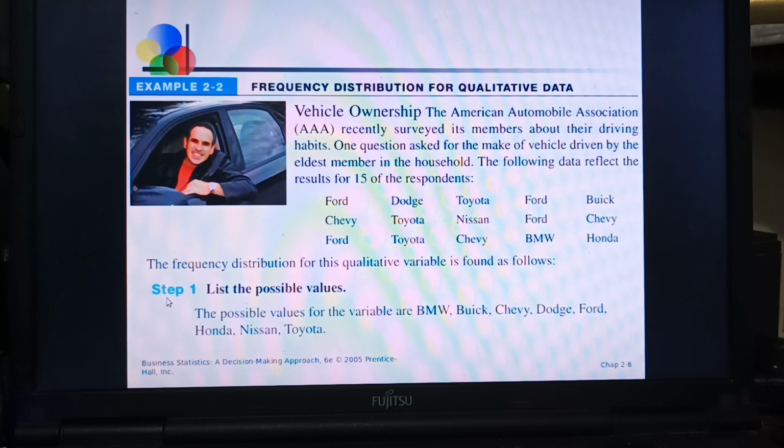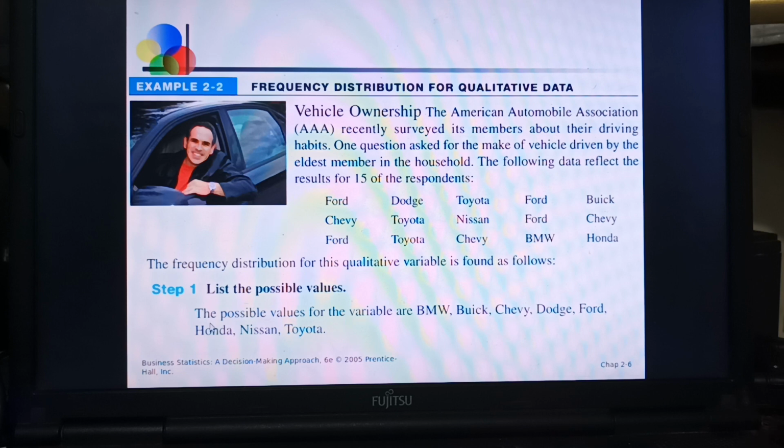And this comes in several steps. Step 1, list the possible values. You notice here they are repeating data like Ford, Toyota. You list the possible values. The possible values for the variable are BMW, Buick, Chevy, Dodge, Ford, Honda, Nissan, Toyota.